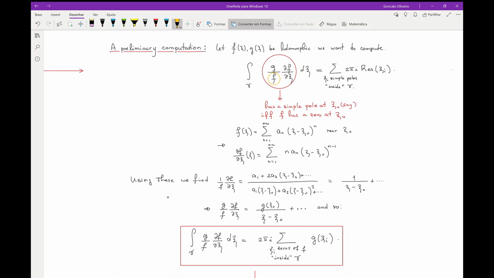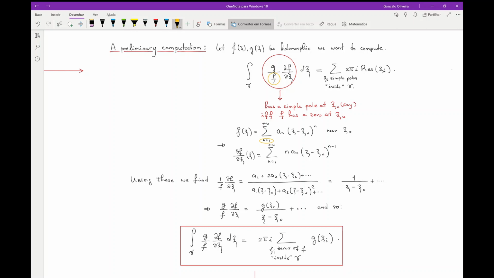Okay? But then a computation which is done below shows you that in fact at any zero of f you actually have a simple pole, and the computation is basically as follows. You pick f, you write its Taylor series near chi 0, one of these zeros. Of course it starts at 1 because you have a zero, so that is important there. It starts at 1. Then you differentiate it, and then you compute the f d chi over f, and you arrive at a simple pole like 1 over chi minus chi naught.